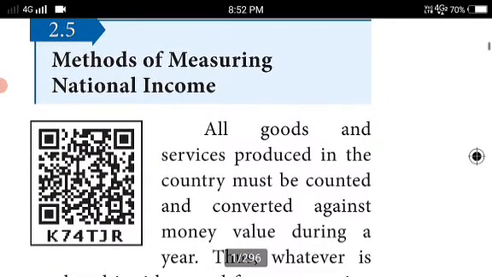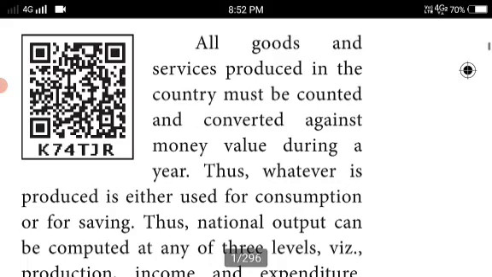Next we have to move to methods of measuring national income. How can we measure the national income? Here 3 methods we have to follow. All the goods and services produced in the country must be counted and converted into money value during a year. We have to say that money value is the national income.